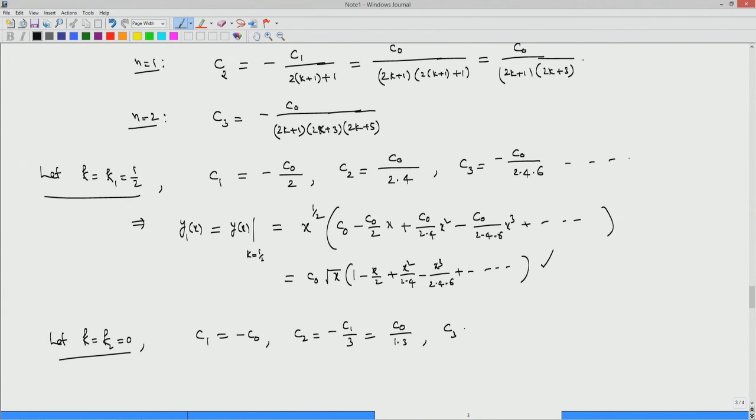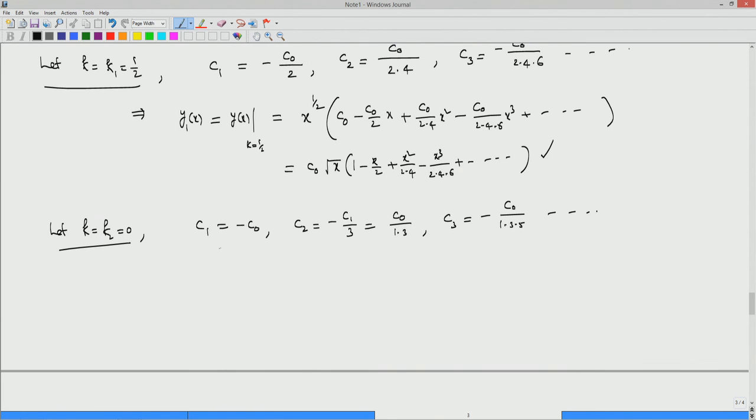Similarly, you can get C3 as minus C0 by 1·3·5 and so on. Like this you can get all the Cn's.